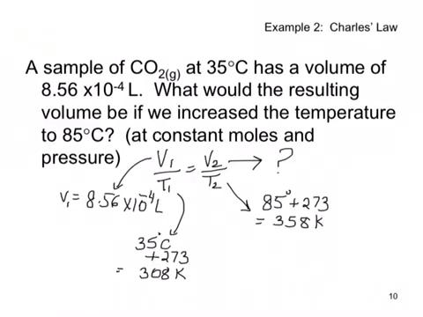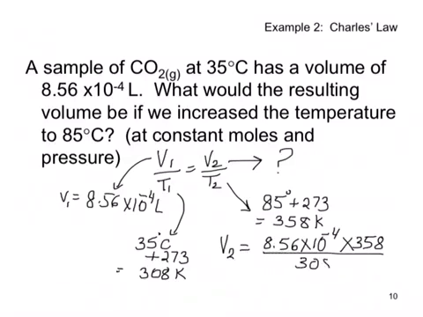So hopefully setting this up, you can see that V2 is going to be equal to 8.56 times 10 to the negative 4 times 358 divided by 308, and we are going to solve for V2.